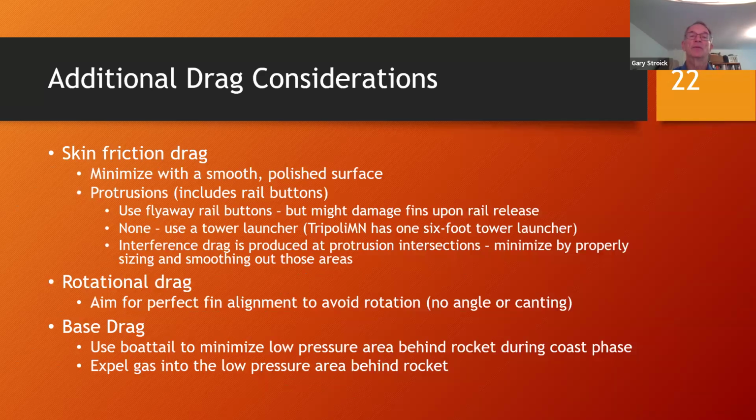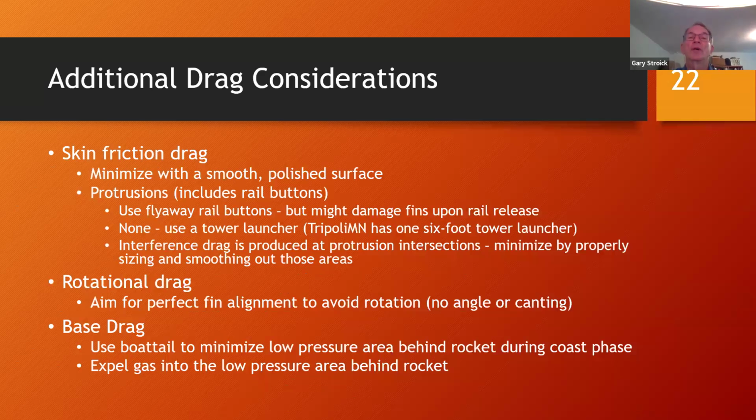Another option is we won't use rail buttons. Well, then what are we going to do? There's a type of launcher called a tower launcher, which has rails between the fins and allows the rocket to slide up, with those rails holding the airframe of the rocket in place until it leaves the tower.